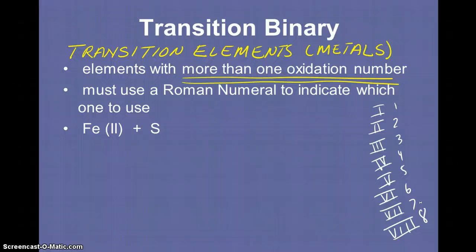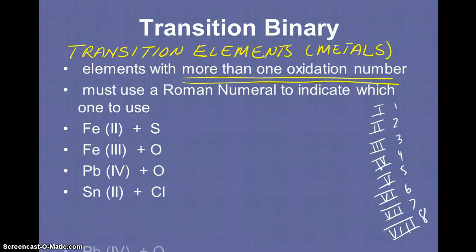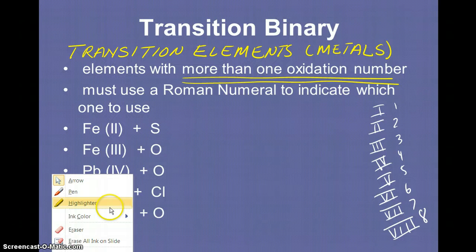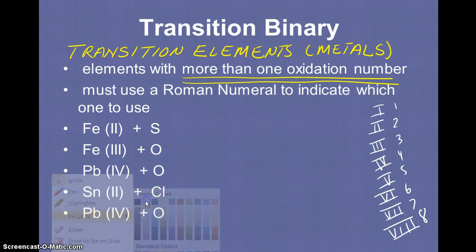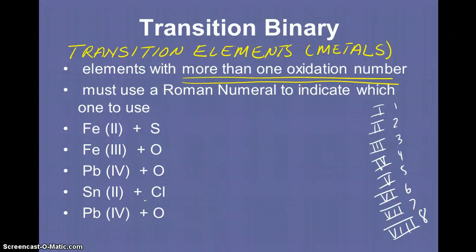So if we take a look here at iron, I'm going to pull them all up so I don't have to go back and restart my pen like I keep doing, and I know that's annoying. I apologize. So when we look at iron, atomic number 26, it has an oxidation state of 2 and an oxidation state of 3. That Roman numeral right there is telling me that this particular scientist is using the oxidation state of 2.